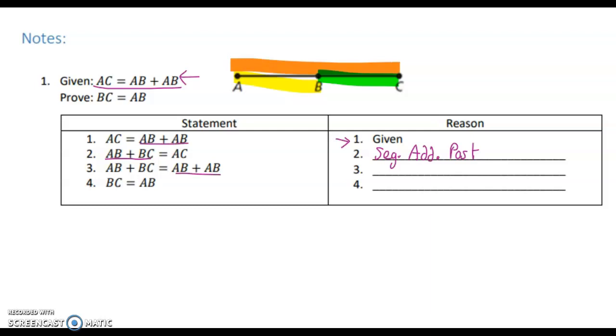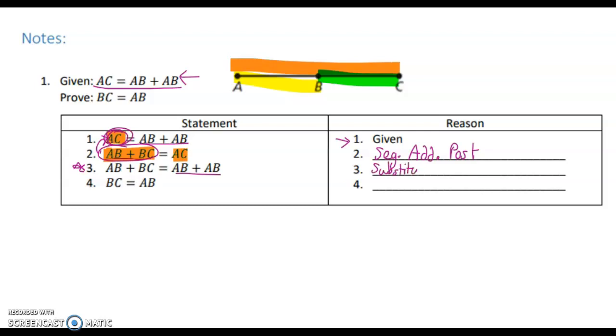We'll get better at this with practice, but I think they said AB plus BC equals AC, and this is AC. So they took all of this, since it equals AC, plugged it in here, and swapped it out. That's how they ended up with AB plus BC equals AB plus AB. They took the amount on line 2 that I circled and plugged it into line 1. That's called substitution. They substituted it in.